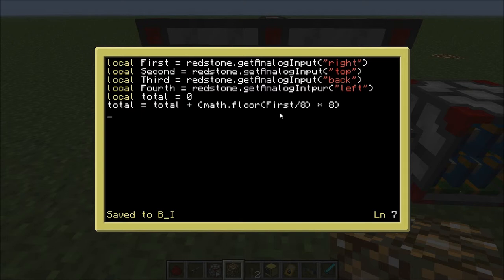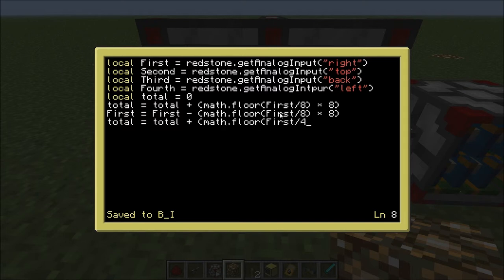And then what we need to do is take that away. So we do first equals first minus, and pretty much the same thing, math.floor, first divided by 8 times by 8. Now for the next one, we do total equals total plus math.floor first.